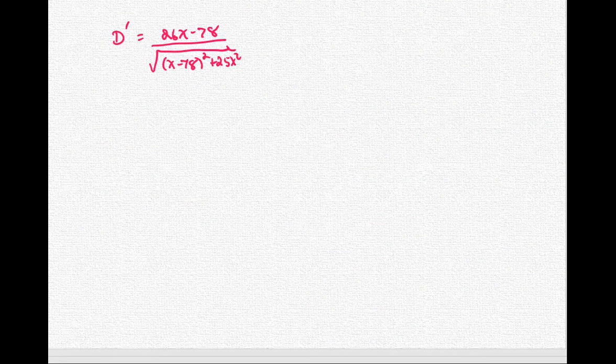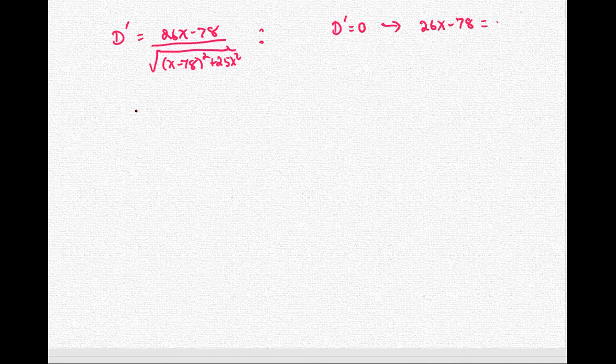So case 1: D prime equals 0, which means 26x minus 78 equals 0. So x equals 78 over 26.